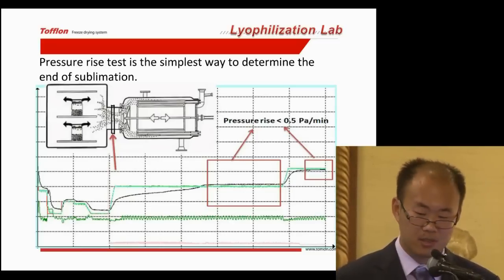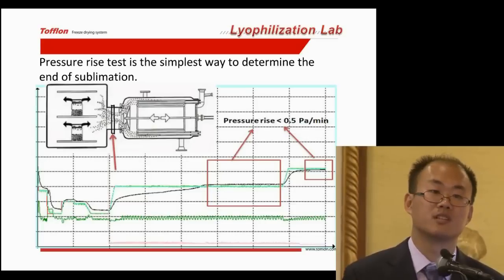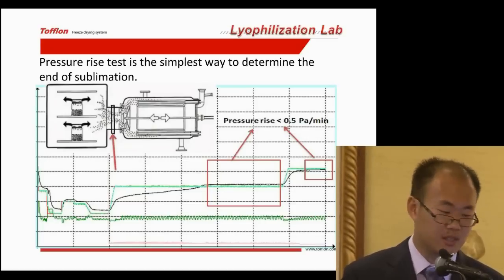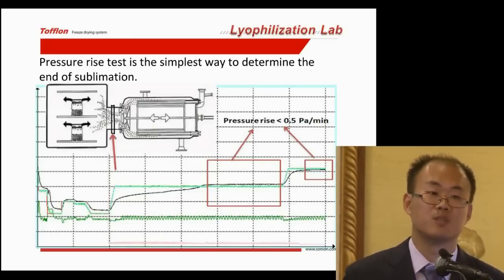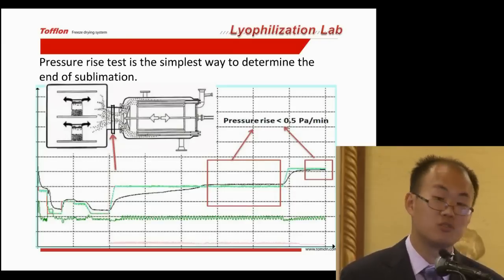If water still exists in the product, it can sublimate continually, so the pressure may rise fast. If the water is nearly removed, the pressure does not rise very fast.